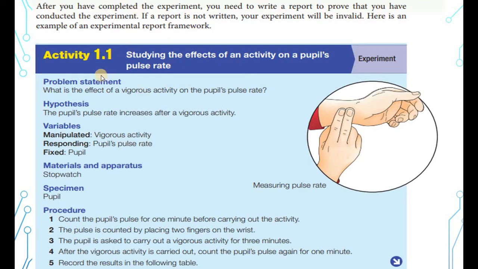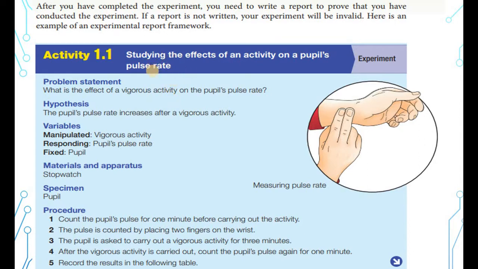So what do you have to write in your report? First, you have to write the problem statement. What is the effect of a vigorous activity on the pupil's pulse rate? For vigorous activity, you can do any vigorous activity such as star jump. Star jump ni lompat bintang.